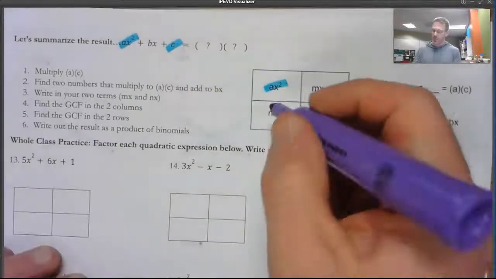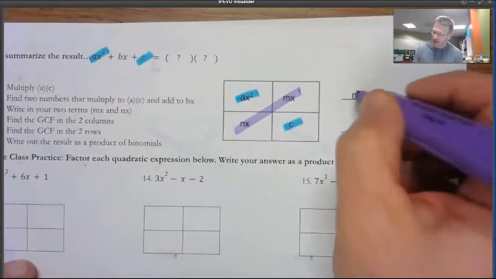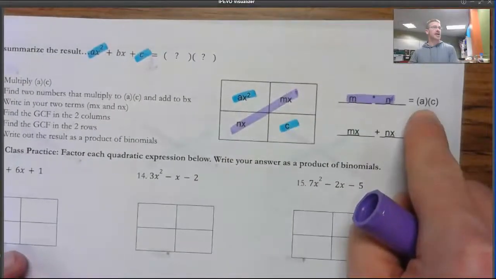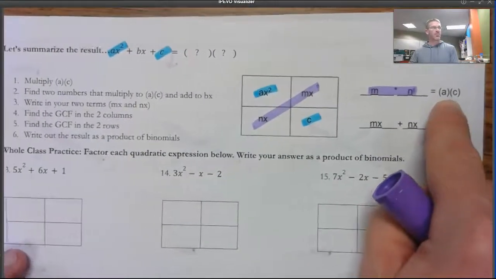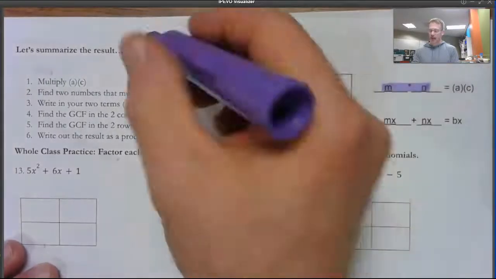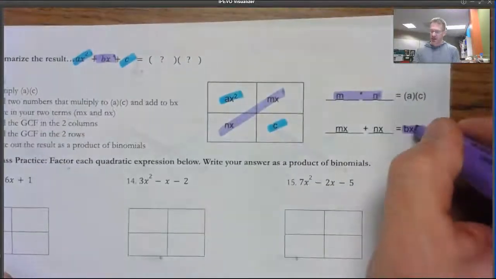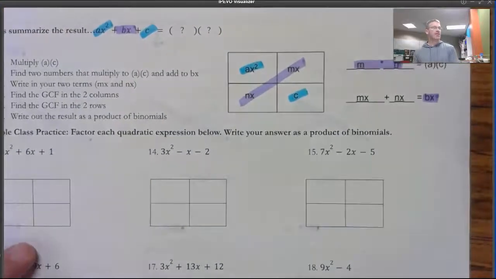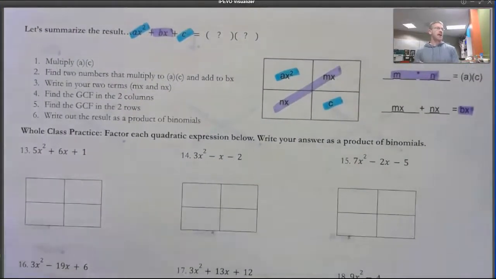And we know from all those examples that these two also have to add to be that middle term right there. So that's our pattern, each and every time.